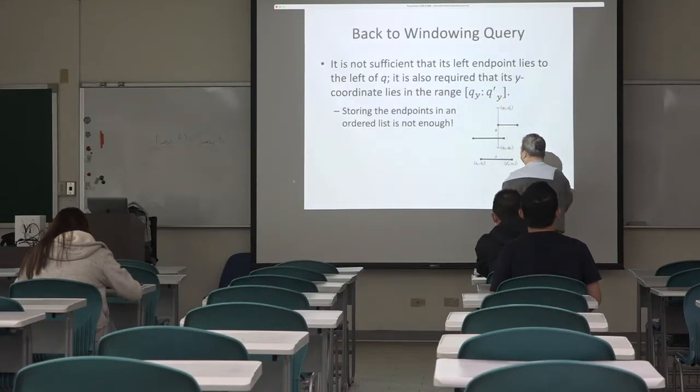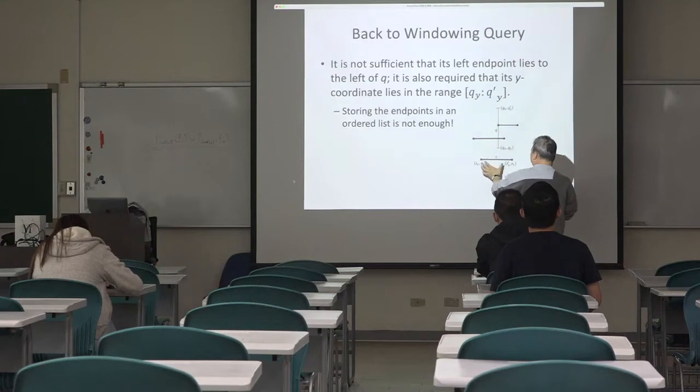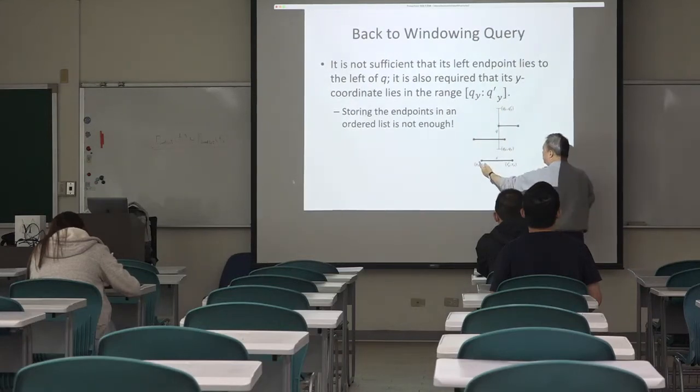You can see that there's a range for the y coordinate. For example, this particular segment S: if you consider this Q as the one-dimensional case, it's a straight line, so you would need to report this segment.